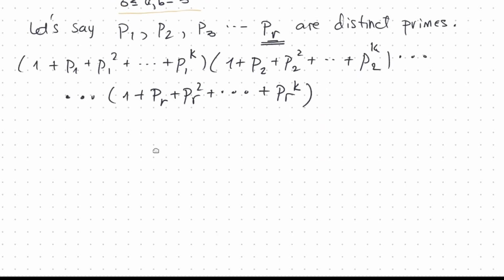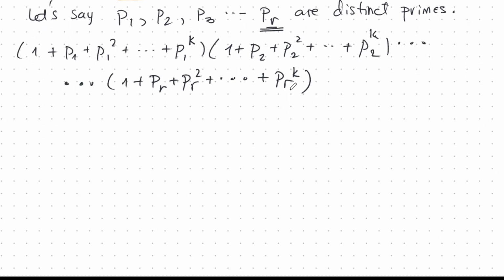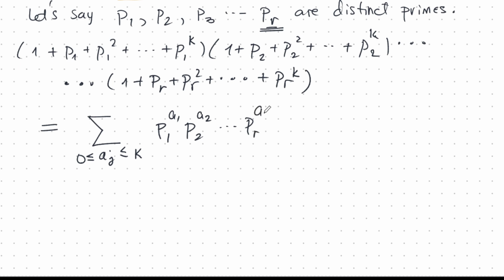And I can now create, by expanding this product, a sum that has every possible combination of the powers of these primes. And I can write it like so. So I have the sum, all these powers, aj, are from 0 to K, and each term has this form: P1 power a1, P2 power a2, and so on up to PR power aR.